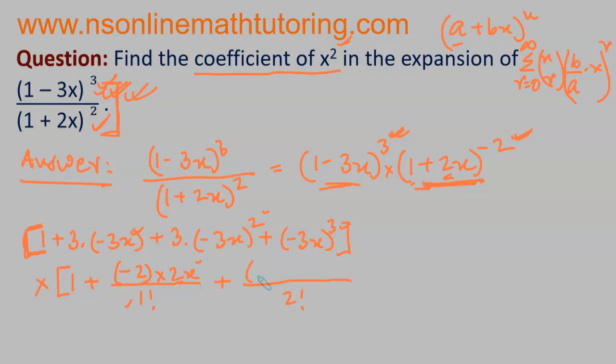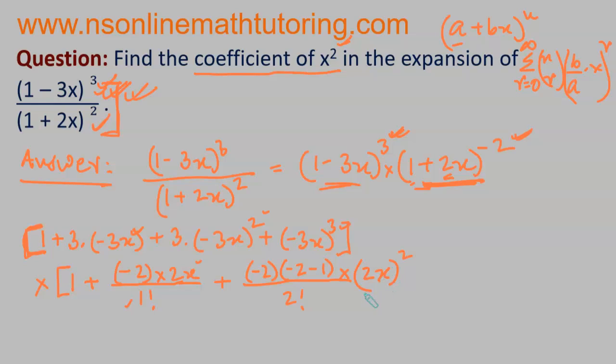The starting factor will obviously be equal to n, which is negative 2, and the second factor will be n minus 1, that is negative 2 minus 1. And this should get multiplied with b over a times x raised to the power of r. r is 2 and b is also 2, so 2x raised to the power of 2.